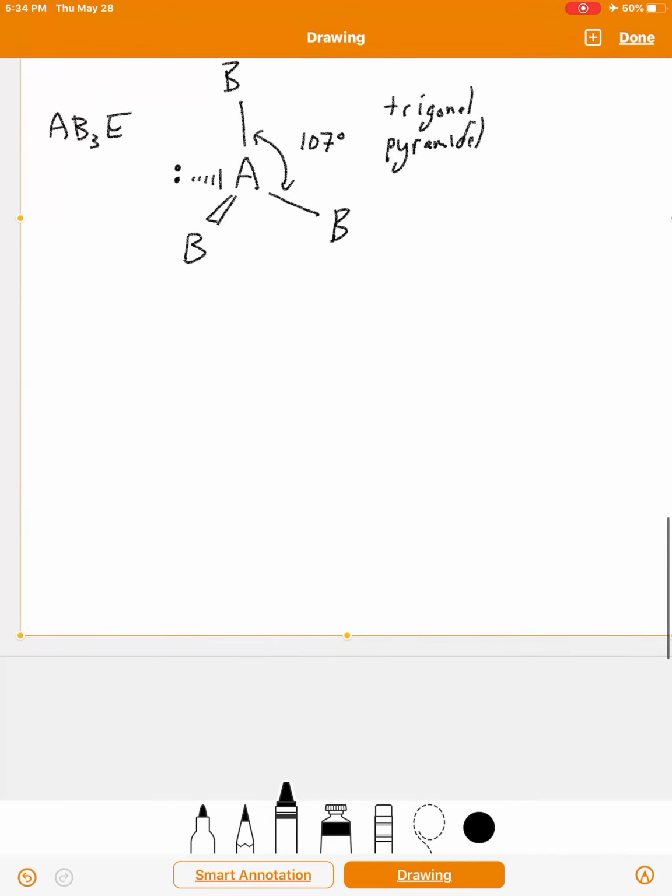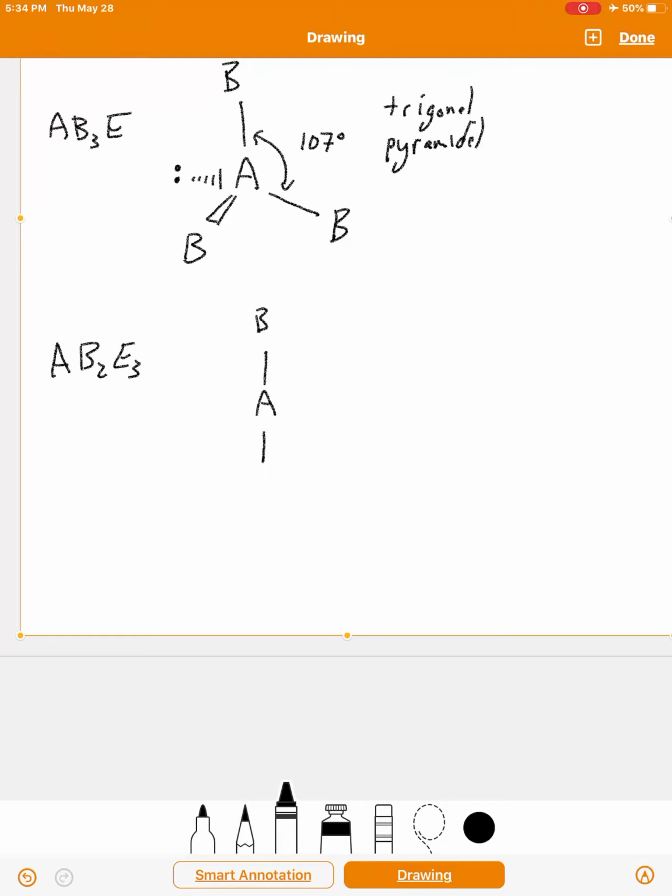The next one I want to show you, I'm not going to go through all of them that are in your table, but the next one is the linear. So if you have AB2E3, what happens is the central atom is here.